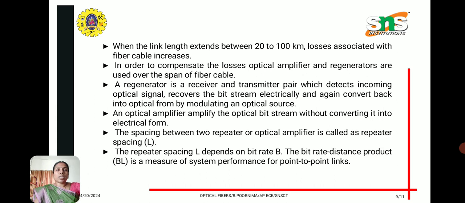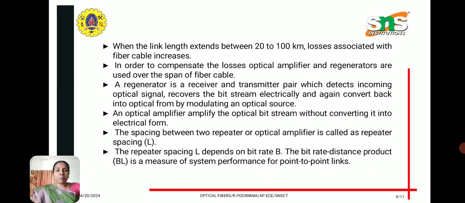When the link length extends between 20 to 100 km, losses increase along the fiber cable. In order to compensate for the losses, optical amplifiers and regenerators are used over the span of the fiber cable. A regenerator is a receiver and transmitter pair which detects the incoming optical signal, recovers the bit stream electrically and again converts it back into optical form by modulating the optical source.